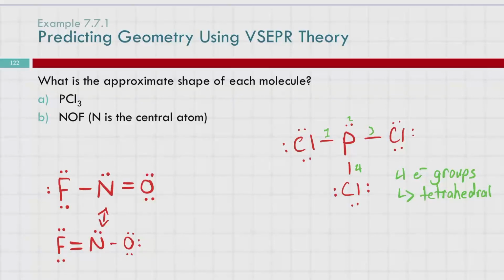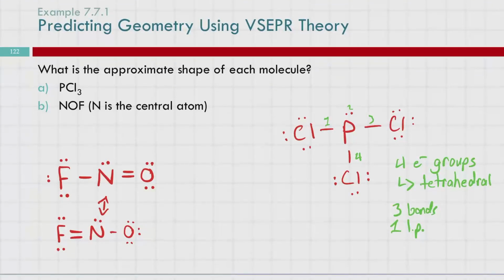No. It's out of the plane. That makes it pyramidal. This is 3 bonds, 1 lone pair. We poof away the lone pair when we're hitting our pose. Or we find it in the table. This is trigonal pyramidal.